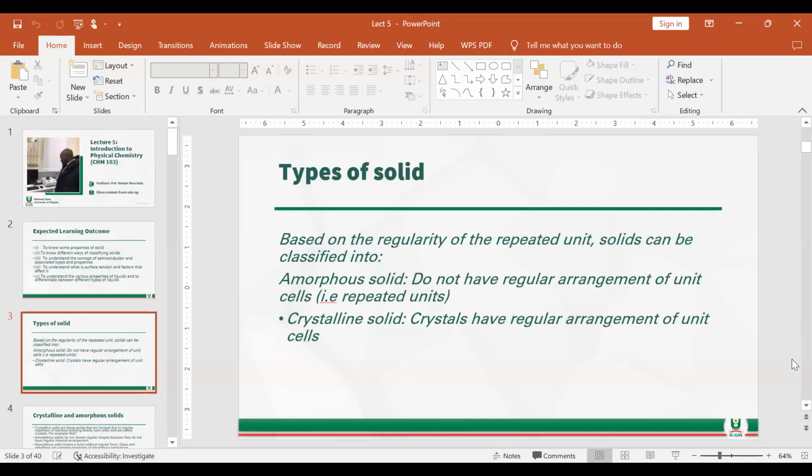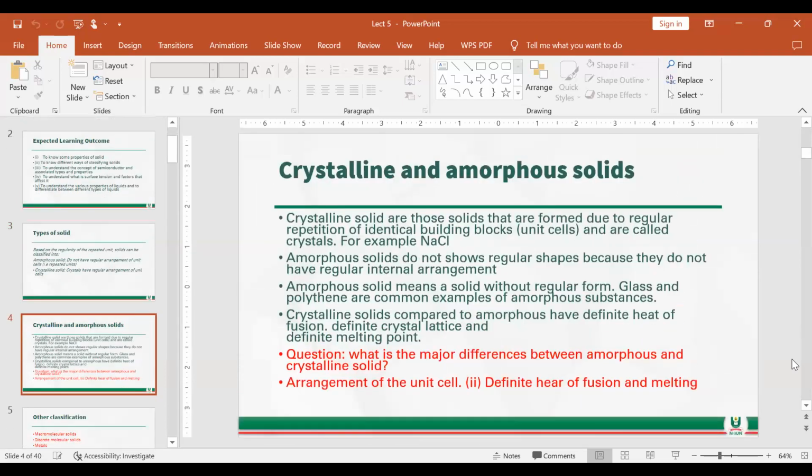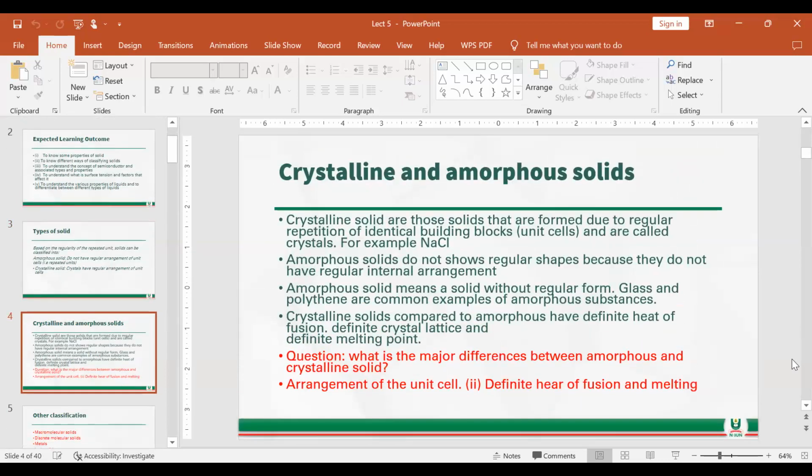So irregular arrangement of unit cells gives an amorphous solid. But when the unit cells are regularly arranged, we have a crystal. So we can classify solids into crystals and amorphous solids. These are the first level of classification.